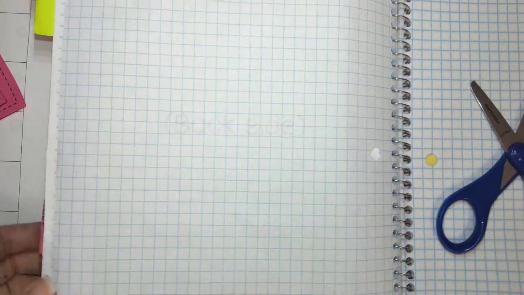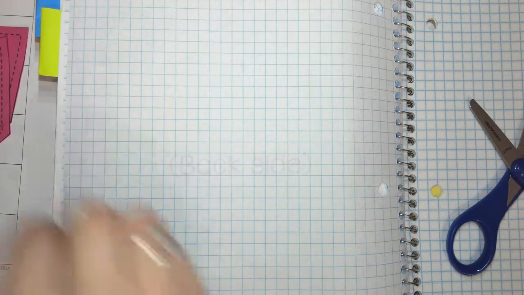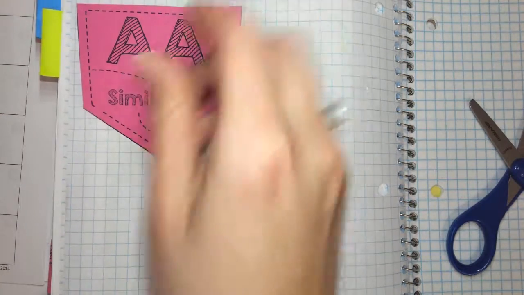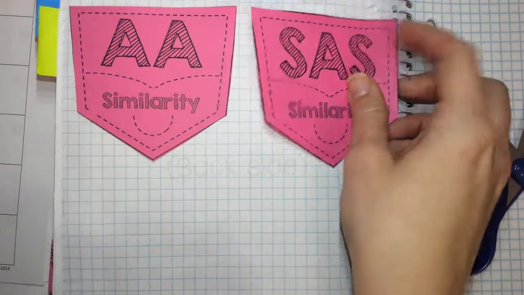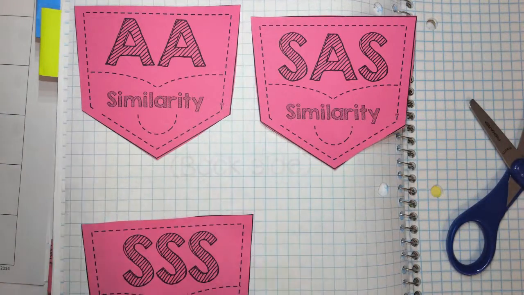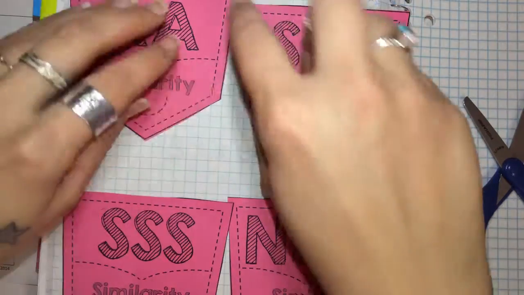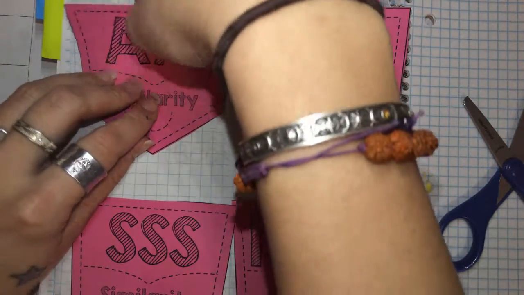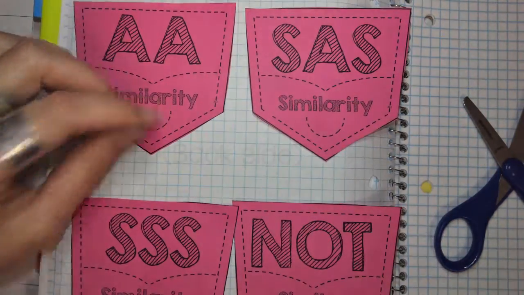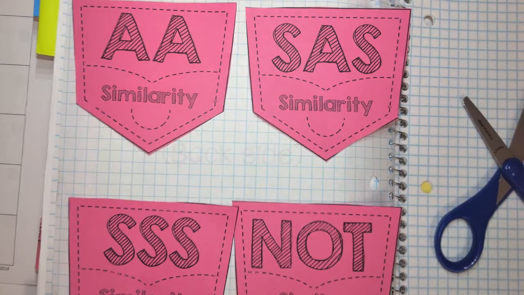Alright, when you're gluing these down, you're going to glue it down in the order of your foldables. So angle, angle, side, side, side, not similar. And since they are pockets, you are only going to put glue or tape on the edge so that you can put stuff underneath them. Does everybody understand? It makes a pocket. So you only put glue on the edges and the bottom.